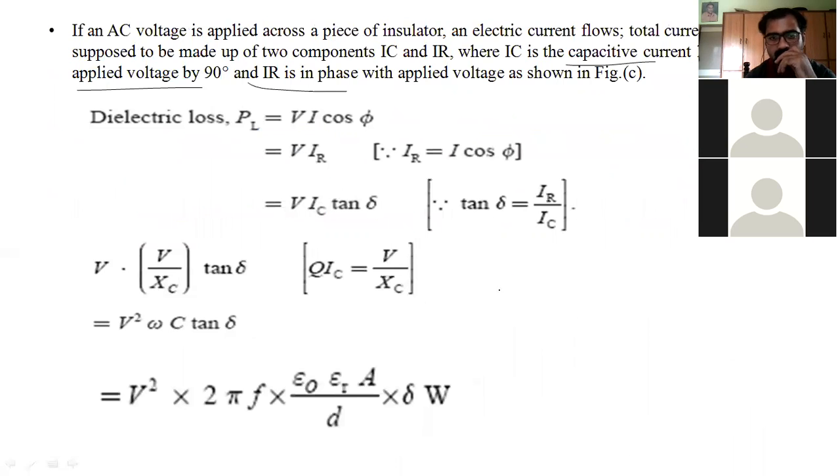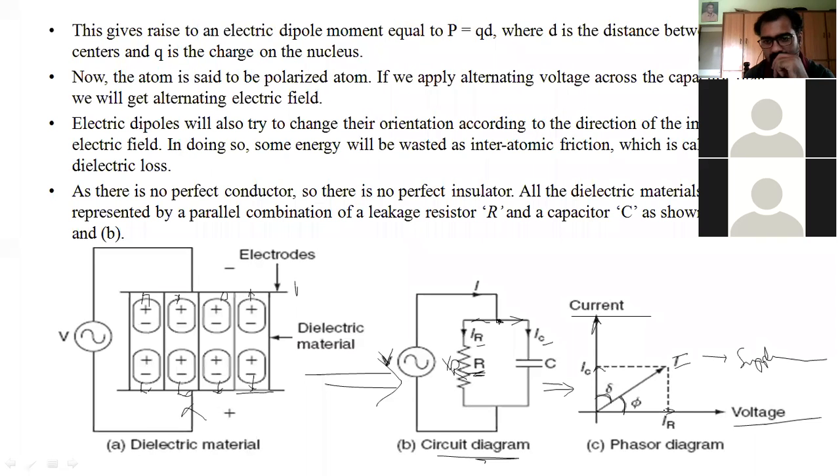From this we have derived some equations regarding the dielectric loss, where dielectric loss is nothing but VI cos phi. From this phasor diagram, IR is considered in terms of cos phi.